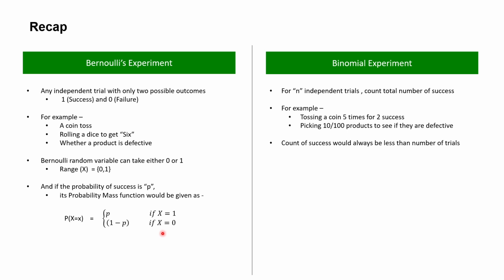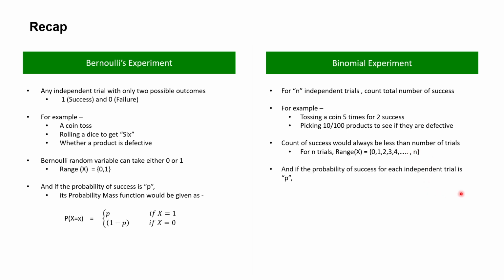One thing to note here is that the count of successes can never exceed the number of trials. So if you toss a coin 5 times, you can get at most 5 successes. Hence the range of this kind of random variable starts from 0 but can go at most up to n.